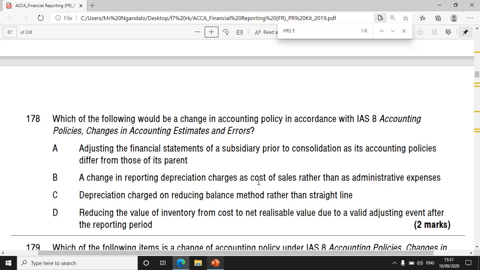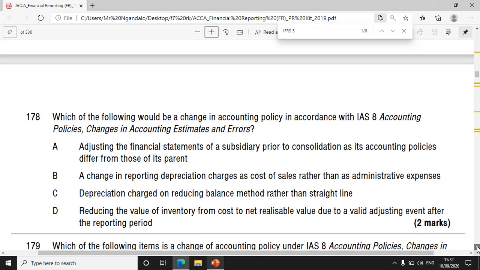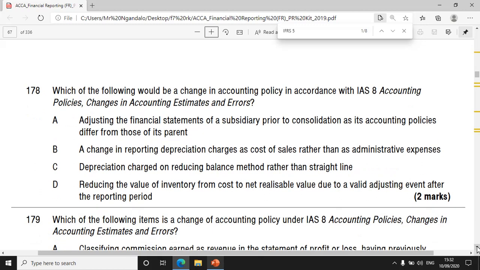I think that's just an adjustment under group accounts. Then B says change in reporting depreciation charge as a cost of sales rather than as an administrative expense. That is the answer that we're looking for. When you do that, you discover that your cost of sales and your administration expenses will vary. There will be a change there.